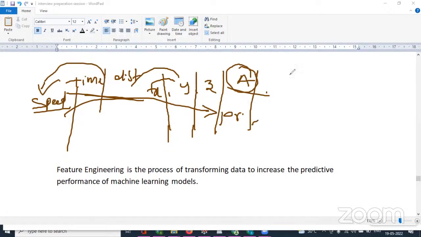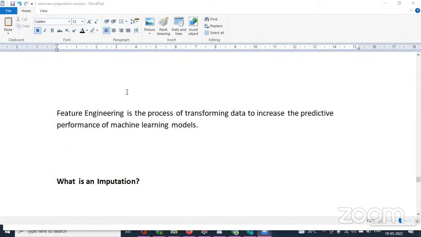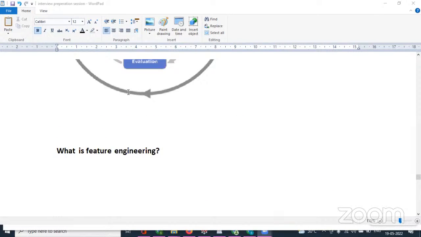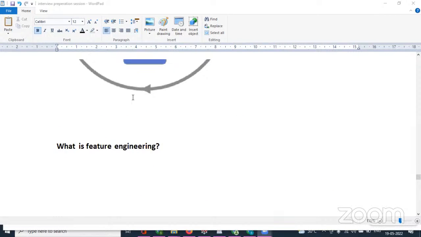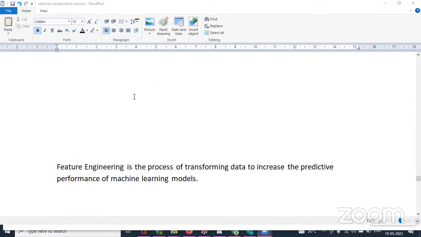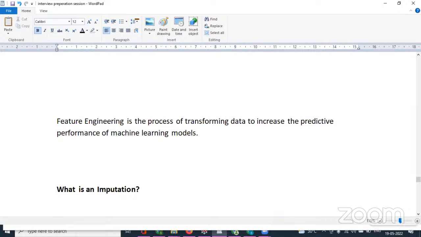Then the very next question. What is imputation? You need to explain using one example.